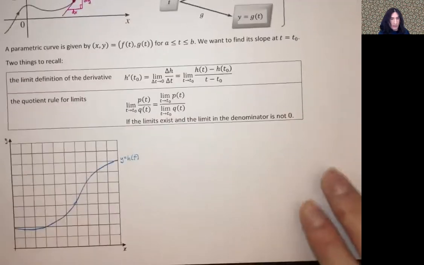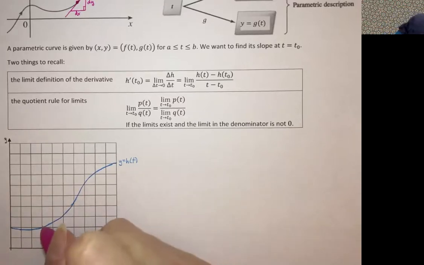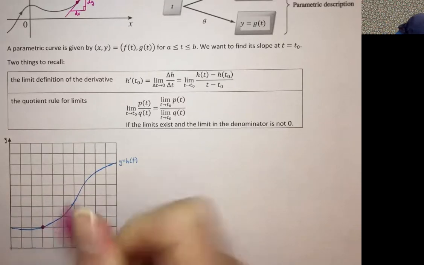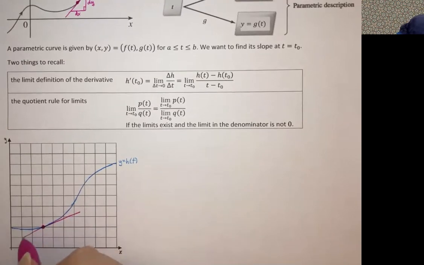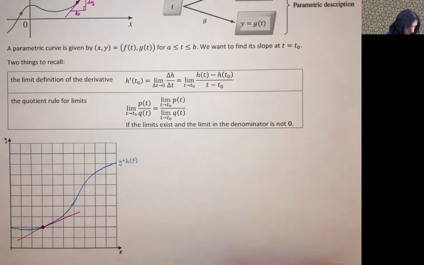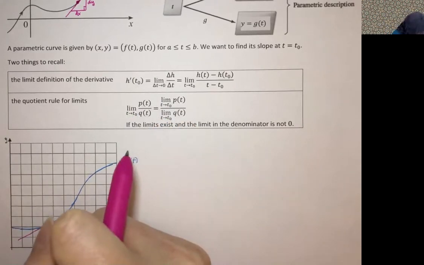So let's look at a picture of this situation. And let's imagine we're after the slope of the tangent line at, say, this point right here. Okay, so that's our tangent line. Let's find it at the point t naught, like our formula there.